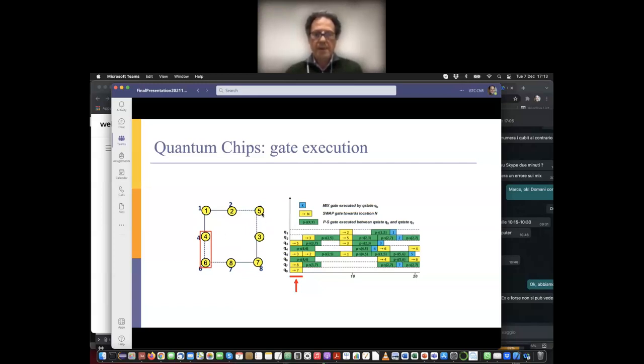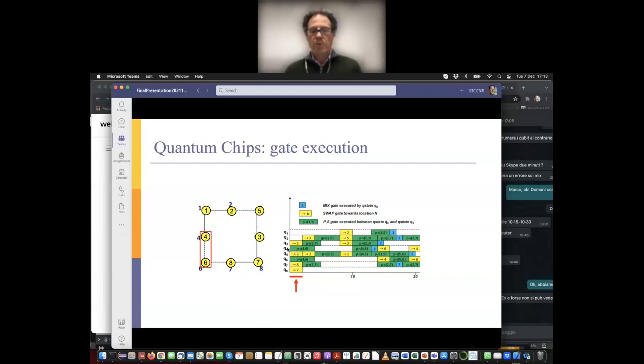We note that the next gate is on 3 and 7. In the initial state, 3 and 7 were not adjacent. Now you note the swap procedure. This is the effect of the yellow blocks, the swap.